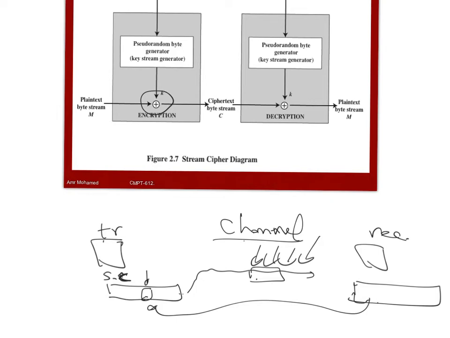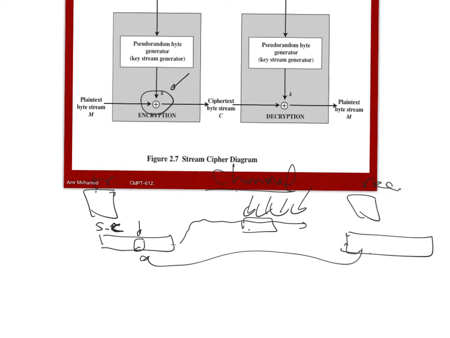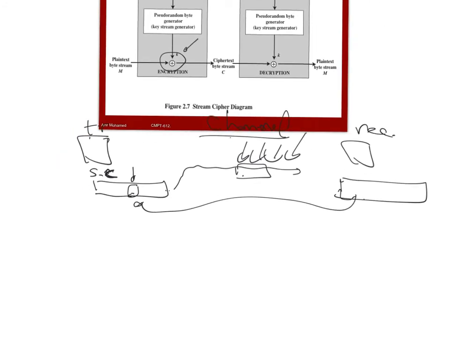However, in terms of security, which one do you think is more secure? The block cipher is by far more secure, of course, right? And as we have talked before, there is a very important property here for the Vernam cipher. Whenever you have an XOR, you can easily say that the cipher text is the key XORed with the plain text.